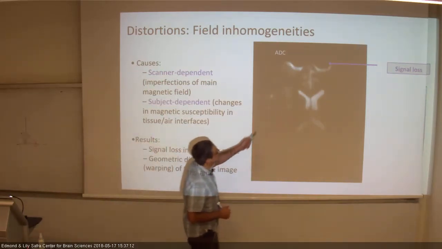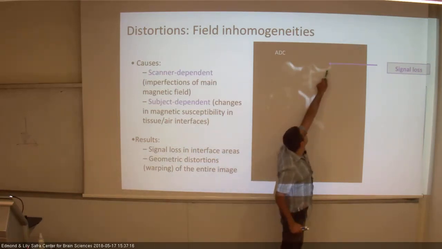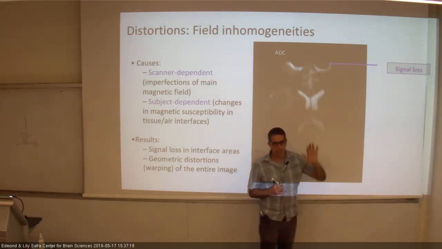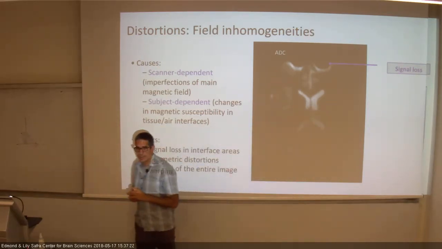What you see in here, and you don't see so much because of the screen, is that this part in the front is just missing. That has to do with the way we scan the brain.